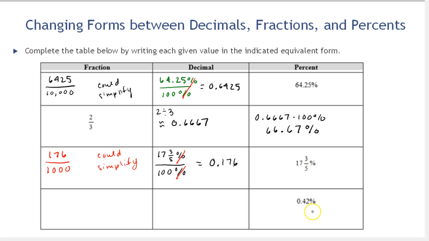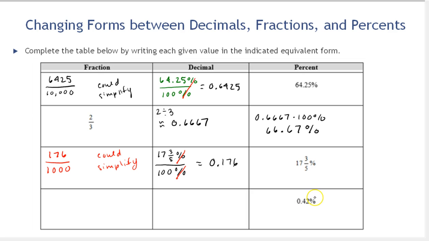Now I know someone out there is looking at this and wants to write 42 here. Okay, now again, remember this is 0.42%, and lots of times we think of percents as being between 0 and 100 or between 0 and 1. Okay, but this percent is actually between 0 and 1.